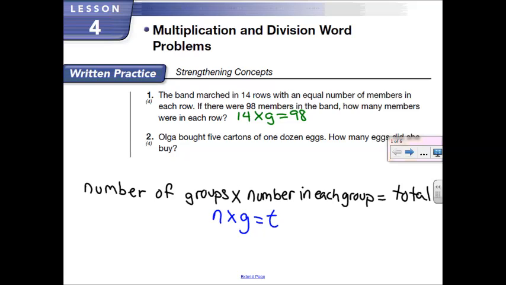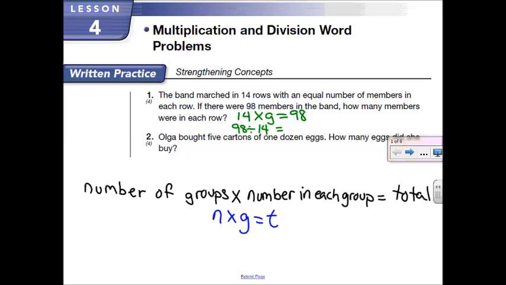So two ways that you can do this are count by 14s up to 98, or the book said that when you're trying to solve for one of the factors, you take the total and divide it by the known factor. So we could take 98 and divide it by 14.